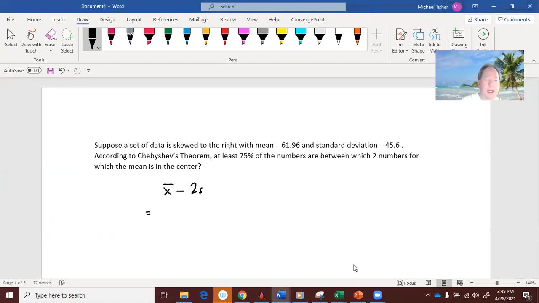X bar minus 2s. Okay, now x bar is the mean, which is given as 61.96, so we'll go ahead and put that in there. Minus 2 times s, that would be the standard deviation, which is given at 45.6. Two times 45.6 is 91.2. And 61.96 minus 91.2 is negative 29.24.